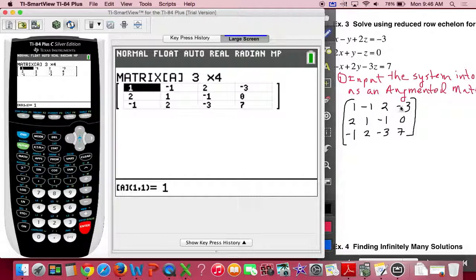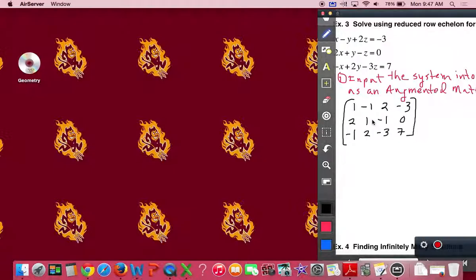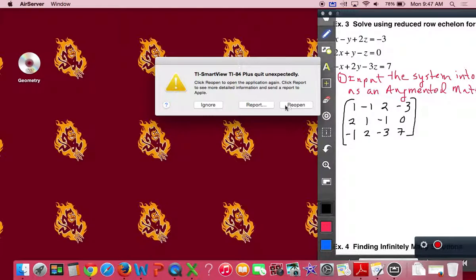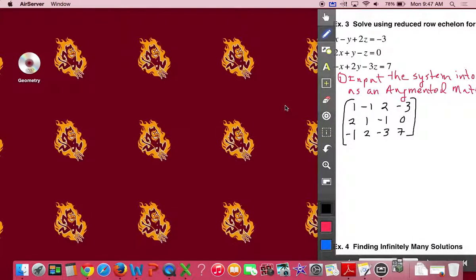And I do expect to see this on your paper. I need to see what you input into your calculator and then what's going to pop out. Because what took you 5 to 15 minutes to solve over the weekend. Let's reopen. Hopefully I don't have to re-input the matrix. I probably will.